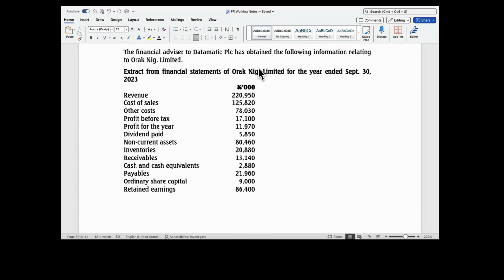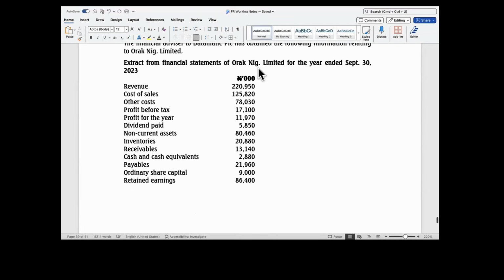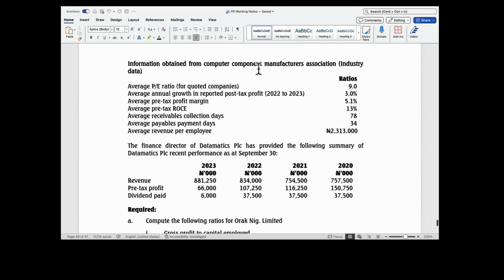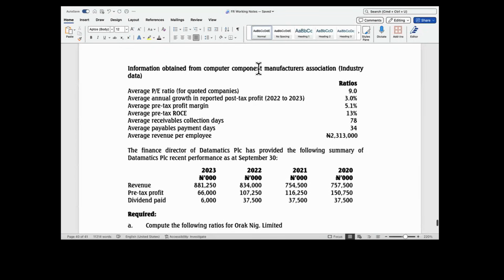All figures are in thousands, assumed to be correct. Information obtained from Computer Component Manufacturers Association industry data. Average PE ratio for quoted companies.